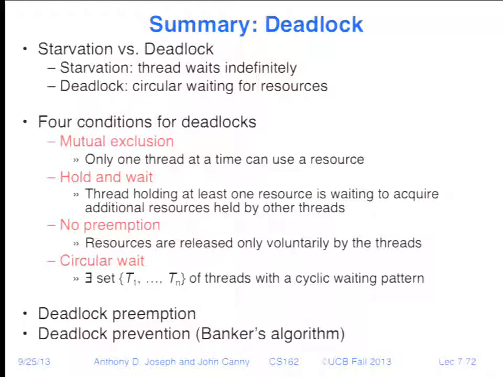It requires all of these four conditions. And then we talked about ways of detecting deadlock, both statically and dynamically, and hopefully preventing it by not allocating resources that might lead to deadlock. And that was the banker's algorithm. All right. Thank you.